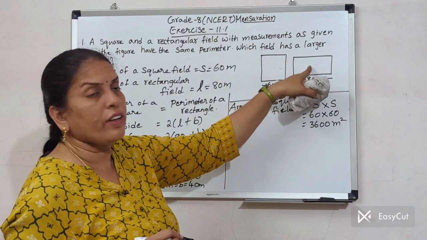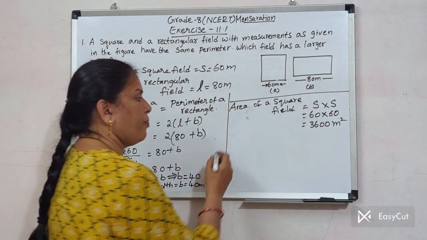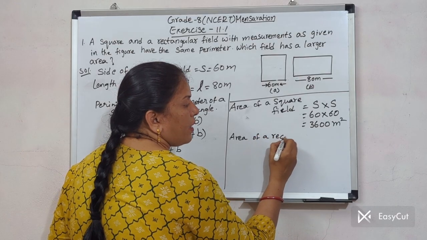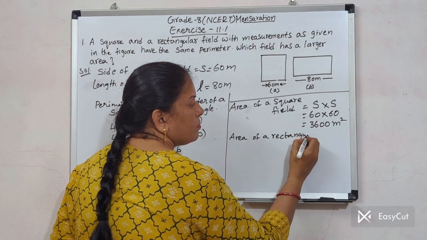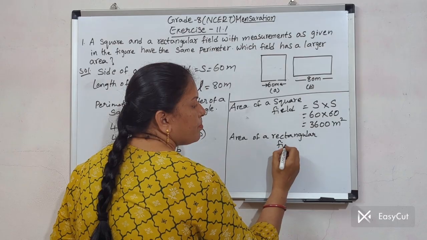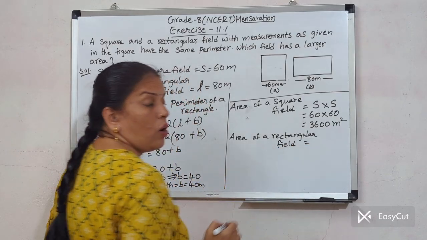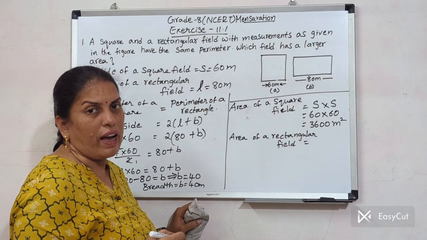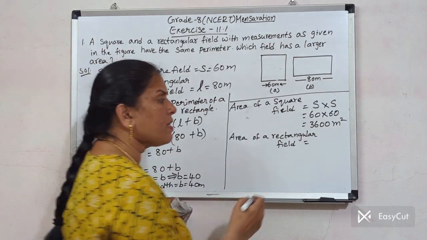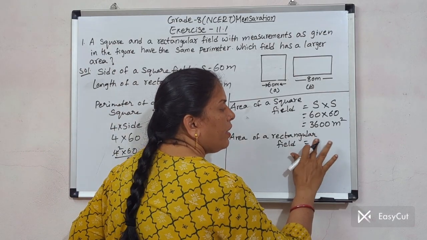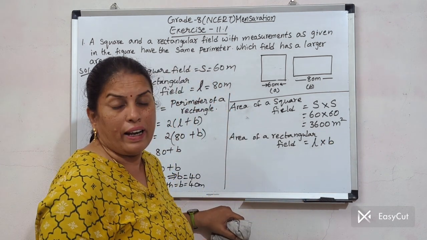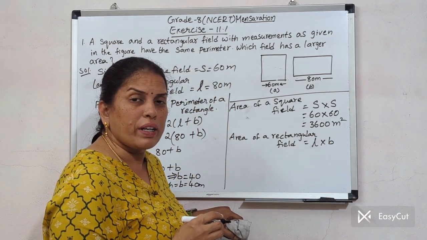Now we will find the area of a rectangular field. Area of a rectangular field is equal to, what is the area of a rectangle? That's right. The area of a rectangle is L into B. L means what here?